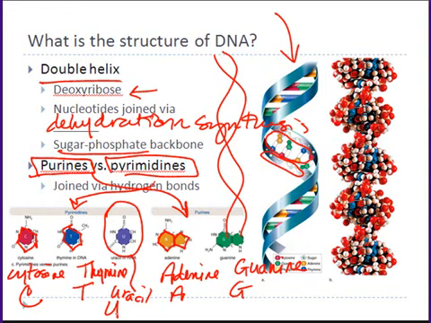Now, these purines and pyrimidines pair up with each other in a highly specific manner, such that adenine will always only pair with thymine, and cytosine will always only pair with guanine. When they pair up, they form hydrogen bonds between them down the center of this ladder.